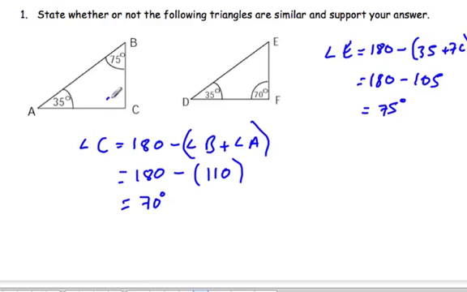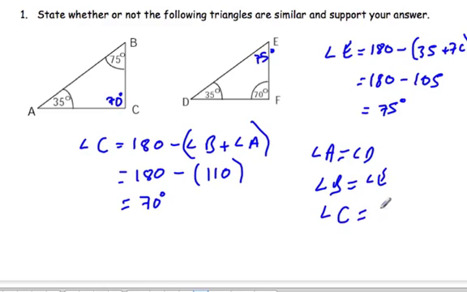So this is 70, this is 75, and angle A is equal to angle D, angle B is equal to angle E, and angle C is equal to angle F. So therefore, triangle ABC is similar to triangle DEF.